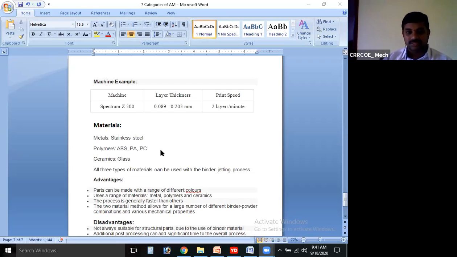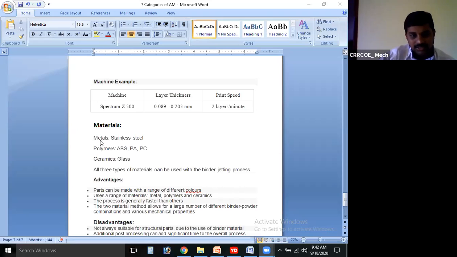That layer thickness is also very important, because depending on this thickness, the specification of the machine will change. The print speed, that is the part building speed, is 2 layers per minute.